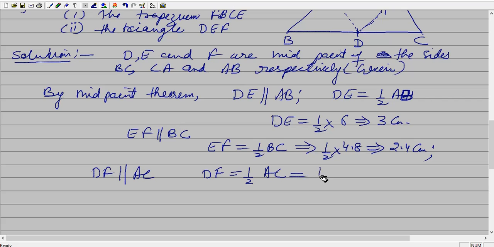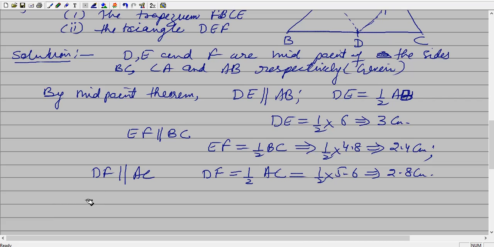After that you can put the value half. AC or CA is given 5.6, that is 2.8 centimeter. After finding all three lines DE, EF and DF, now we are going to attempt the question.